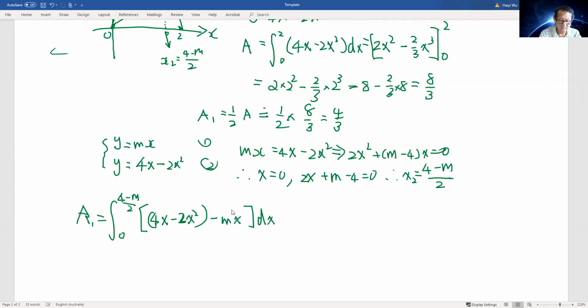So let's simplify. We take out the 2, so this will become 4x.